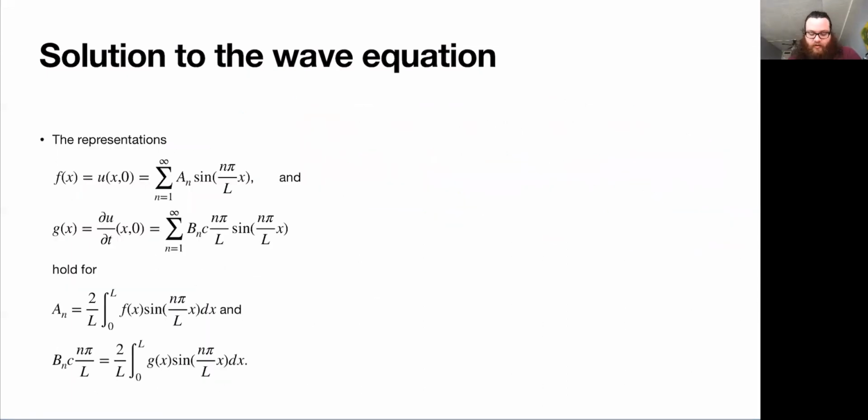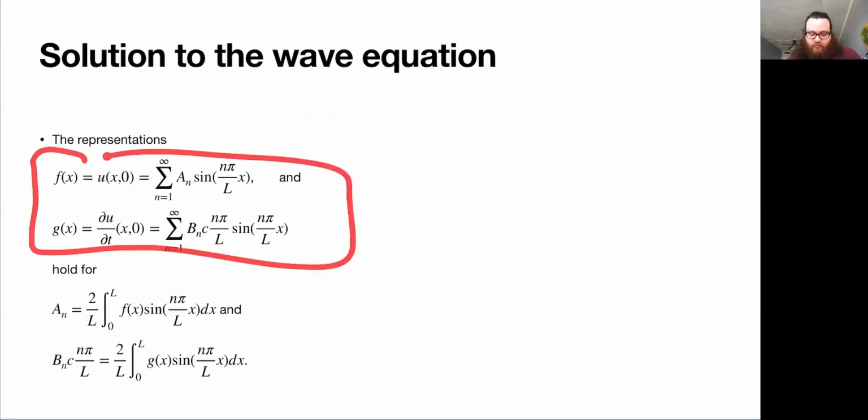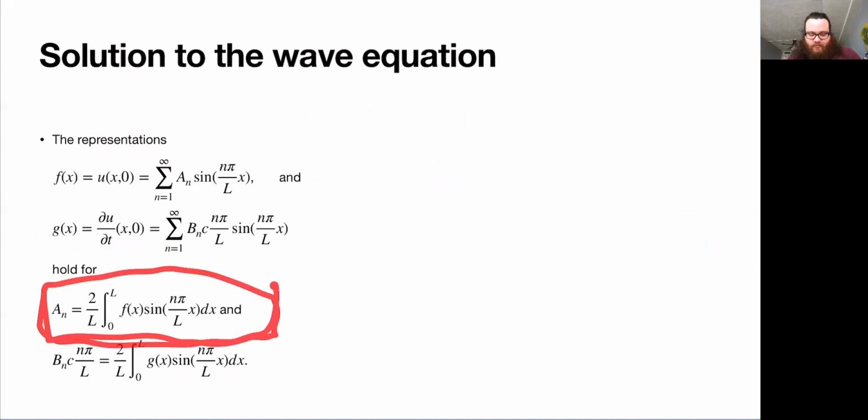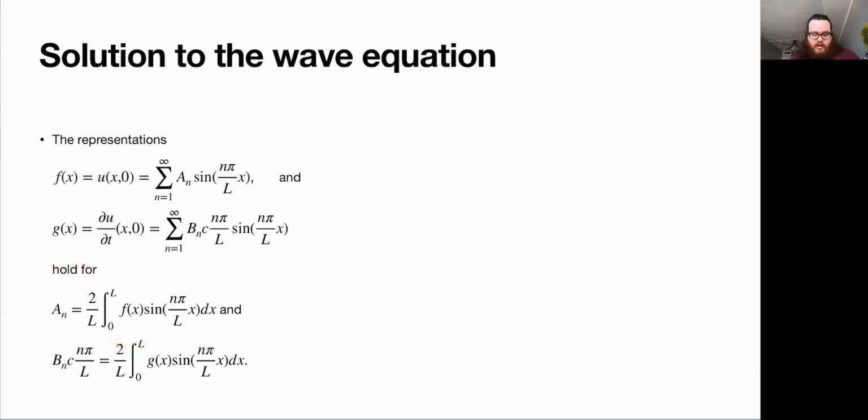So what are they? Well, right, for these representations, what are these actual coefficients? Well, a sub n is given by this formula. And then b sub n we can get from this formula. And so we've decided to write it as, right, this is the coefficient for the sine series.